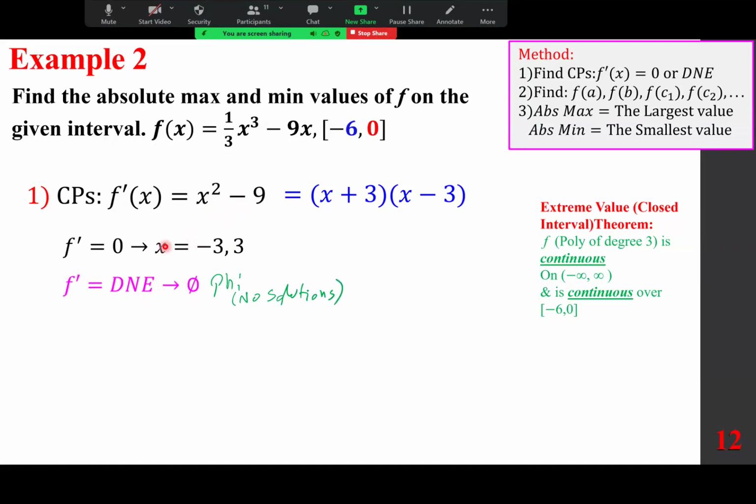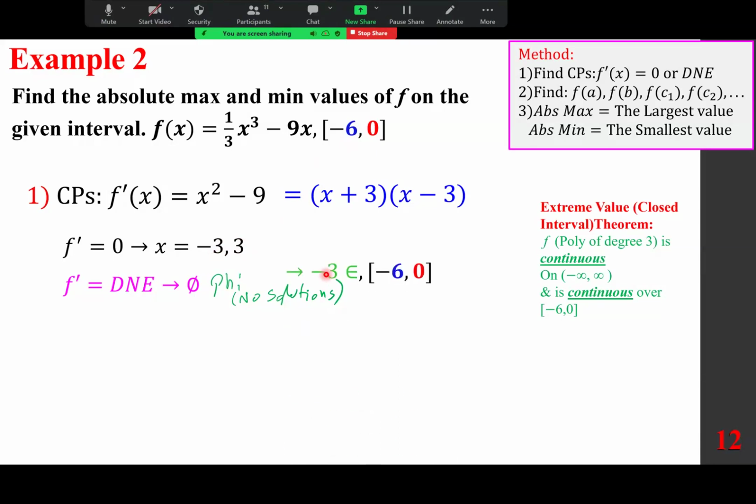Then what happens? There are only two answers. We look at the given interval. Is negative 3 in between negative 6 and 0? Yes. Is positive 3 in between? No. So you can't use this one. It's not in between. You can only use this one.